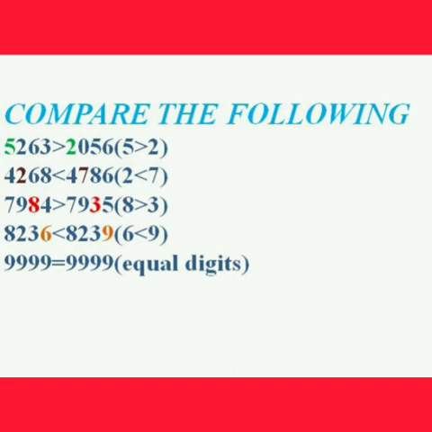Here the thousands, hundreds and tens digits are the same. So we'll move into the ones place. 6 and 9. 9 is greater than 6. So the number 8239 is greater than 8236. Next, 9999 is equal to 9999. In this way, we have to compare each and every step.